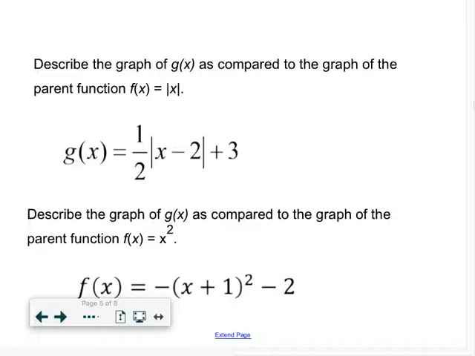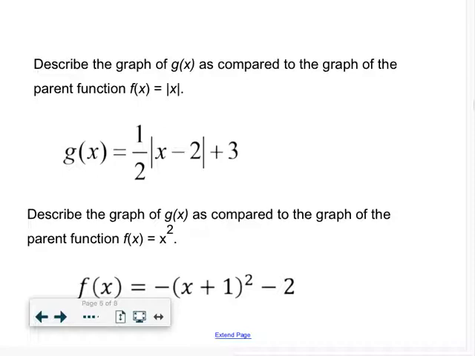It's horizontally. It's multiplied by x.